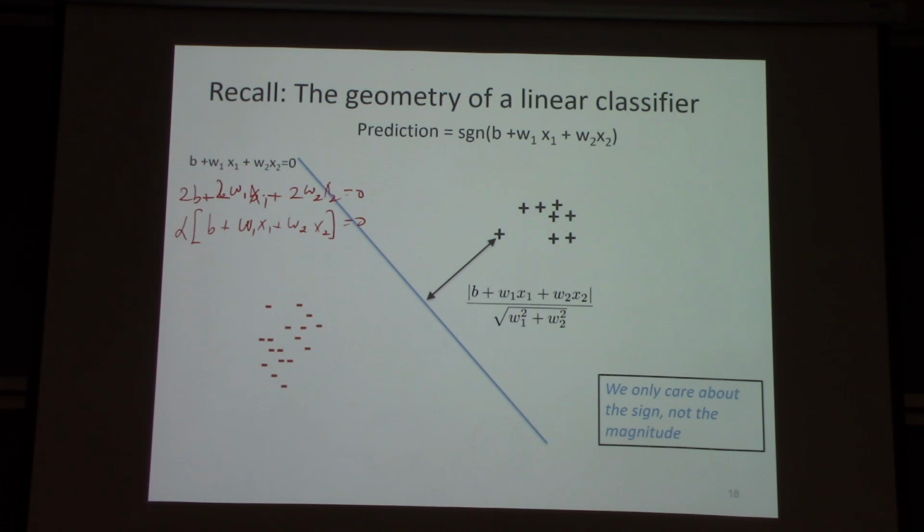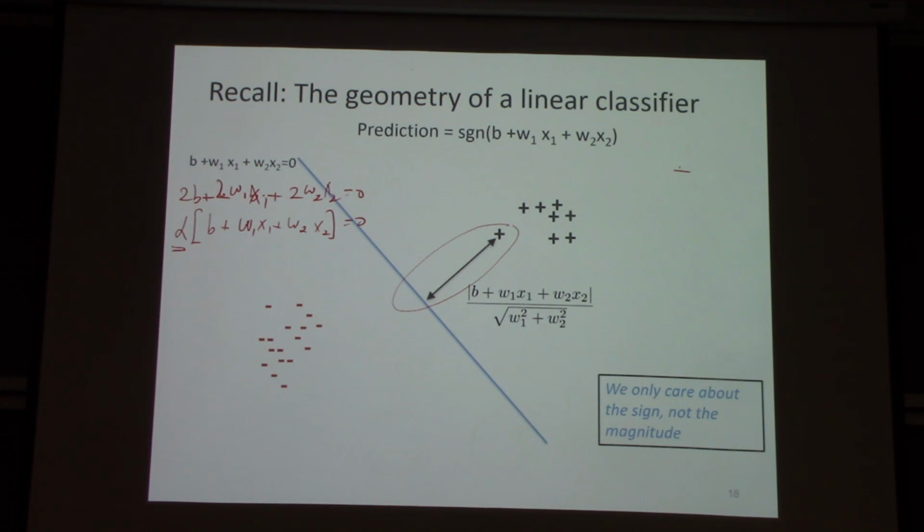Suppose it's the same line. If alpha is positive, you agree it's the same line. Right? So suppose I try to find an alpha such that the closest point has, not the actual distance, but the numerator equal to the number 1.